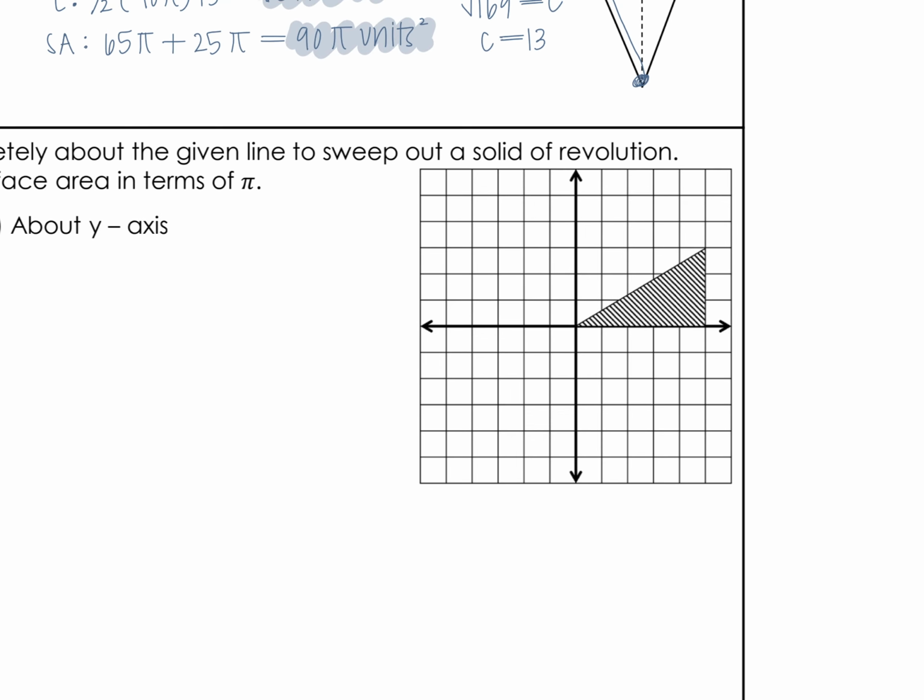Okay, so I'm going to start by highlighting the line I'm going to rotate it about. And if you watched my last video, I mentioned that since we are rotating it, we are making a circle as our base. I'm going to try my best to draw this out for you to see what's happening. Okay, and so I'm going to have that same shape over here on this side. And so you can see here that we are going to have a cone.